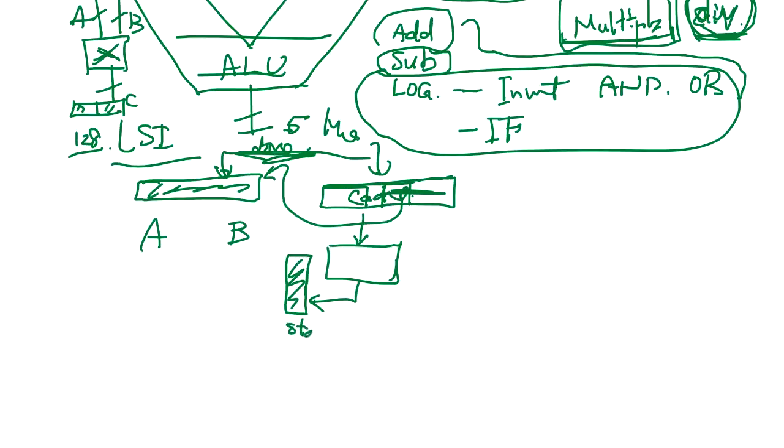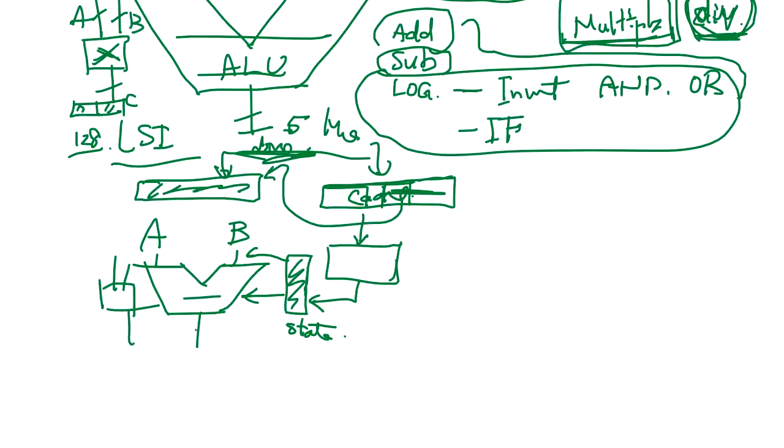This state machine basically regulates the data flow of the execution unit. It tells you where to put data and which operation to do, logic or addition or subtraction, and where to return the result into the register. That's the state machine control, and this state machine is loaded by the instruction decoder.